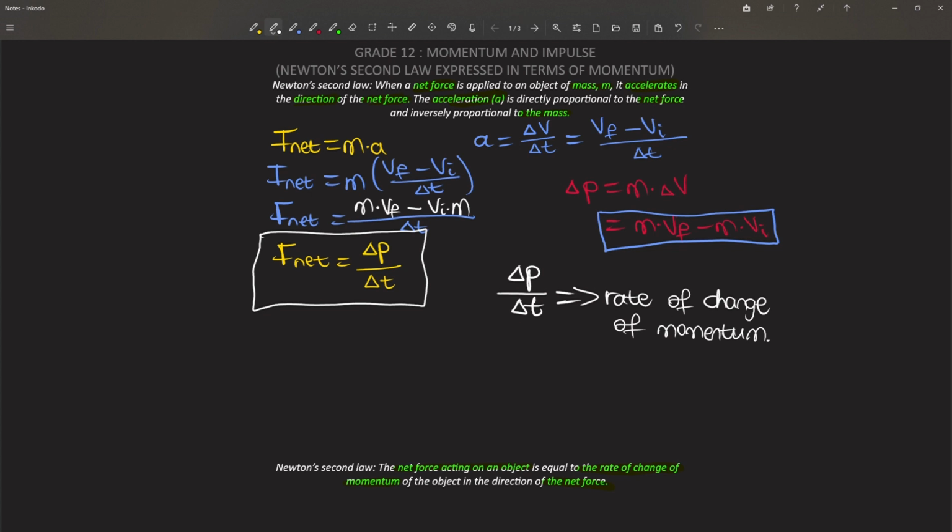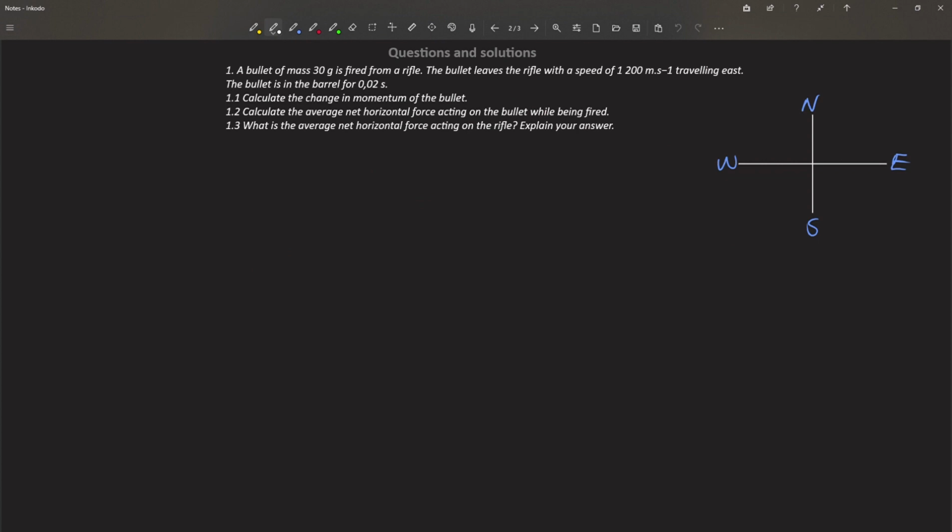Okay, let's now look at an example associated with this concept that I've just explained. Here's our example, and let's try to solve it. A bullet of mass 30 grams is fired from a rifle.